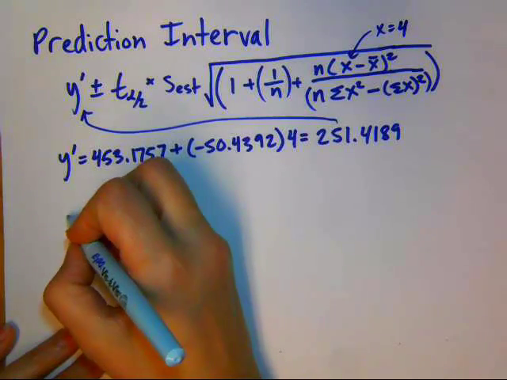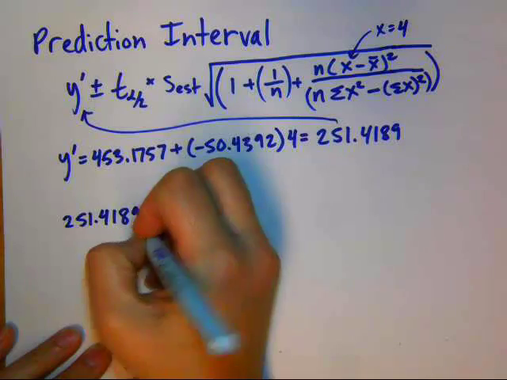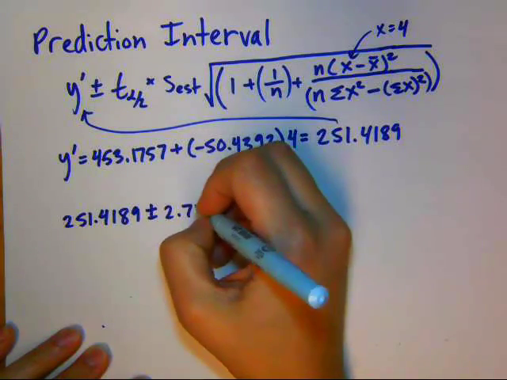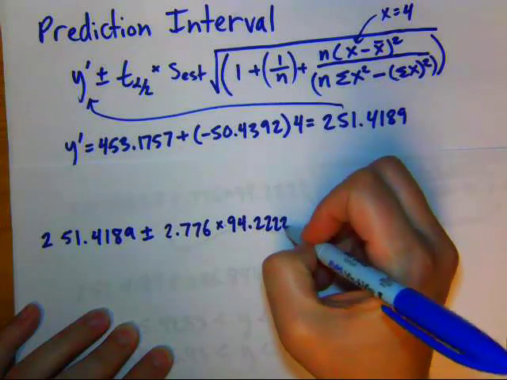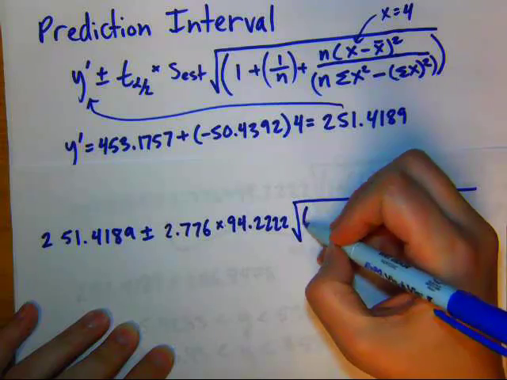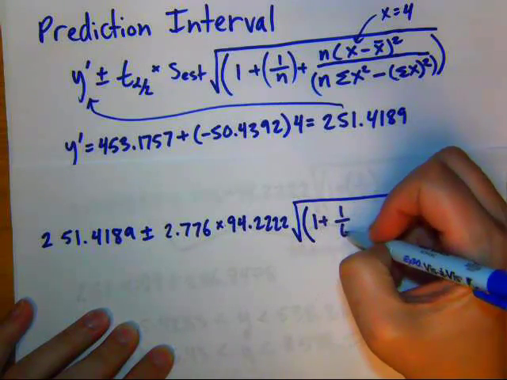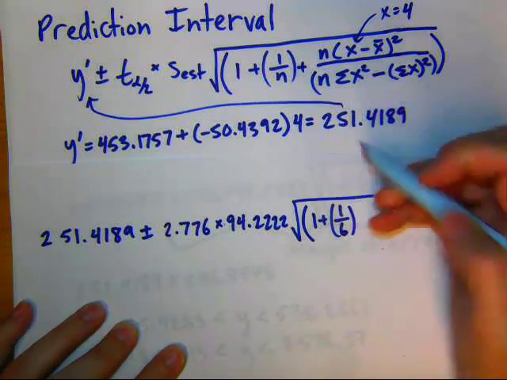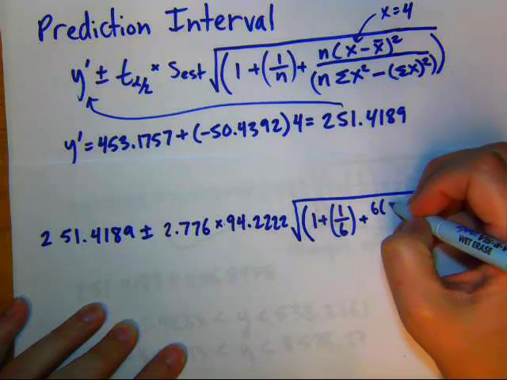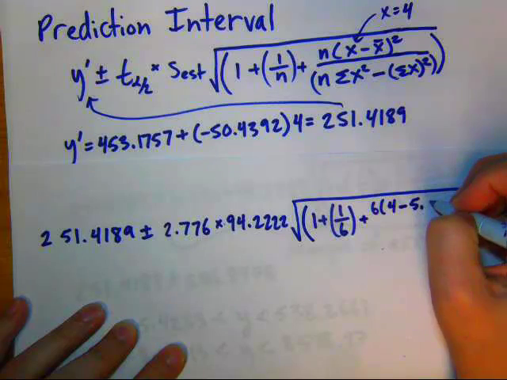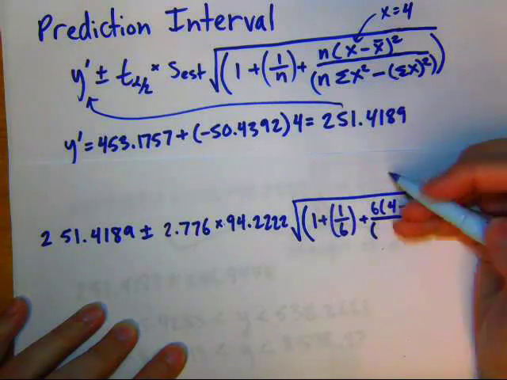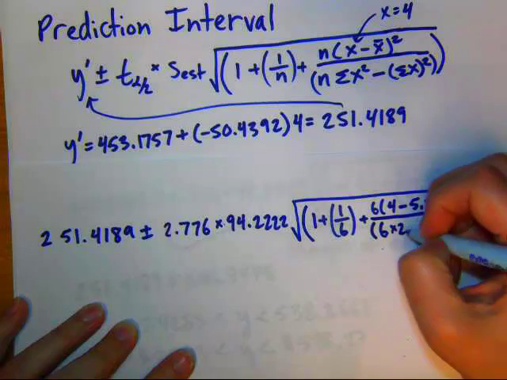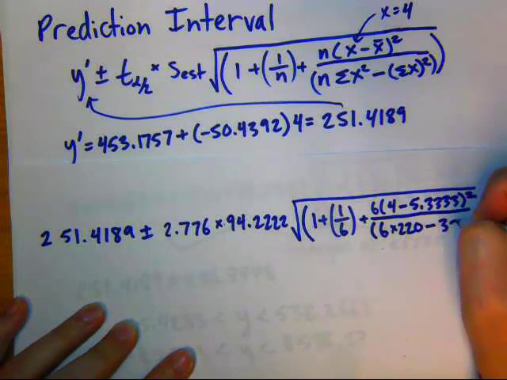So if we start substituting each of those values in, we have 251.4189 plus or minus 2.776 times our standard error estimate, 94.2222, square root, parenthesis, 1 plus 1 over 6, that's the 1 over n, plus, and we have 6 times 4 minus 5.3333 in the parenthesis squared divided by, new parenthesis down here, 6 times 220 minus 32 squared.